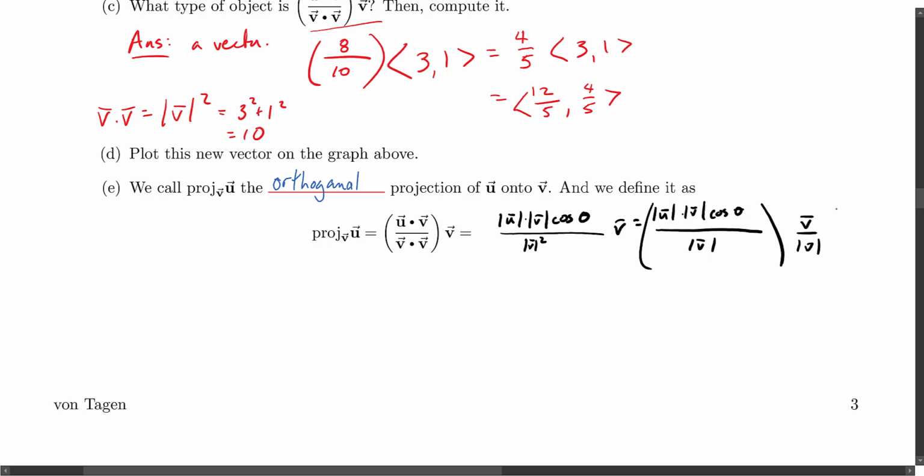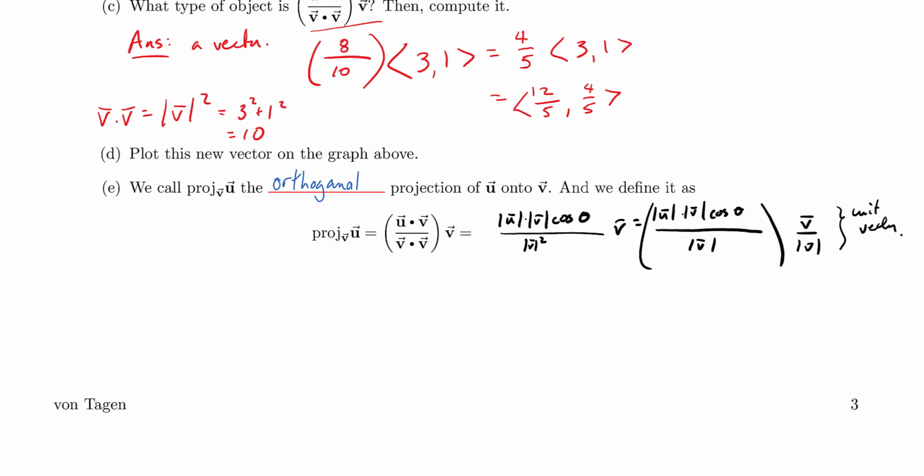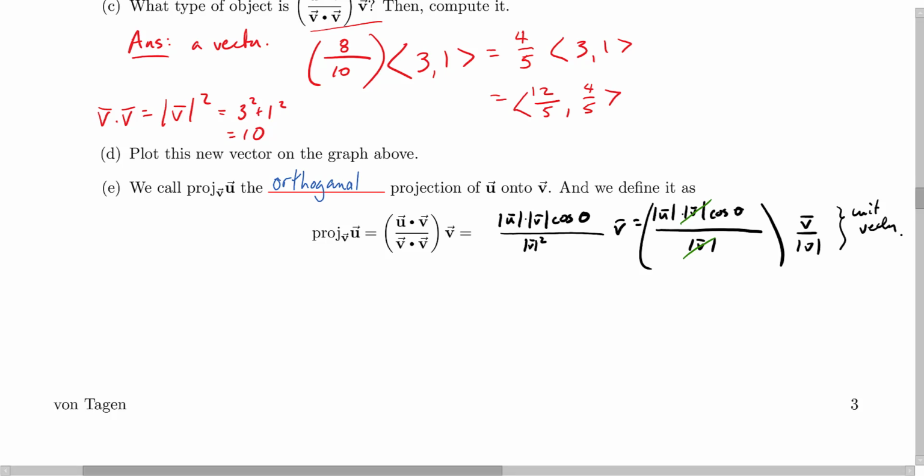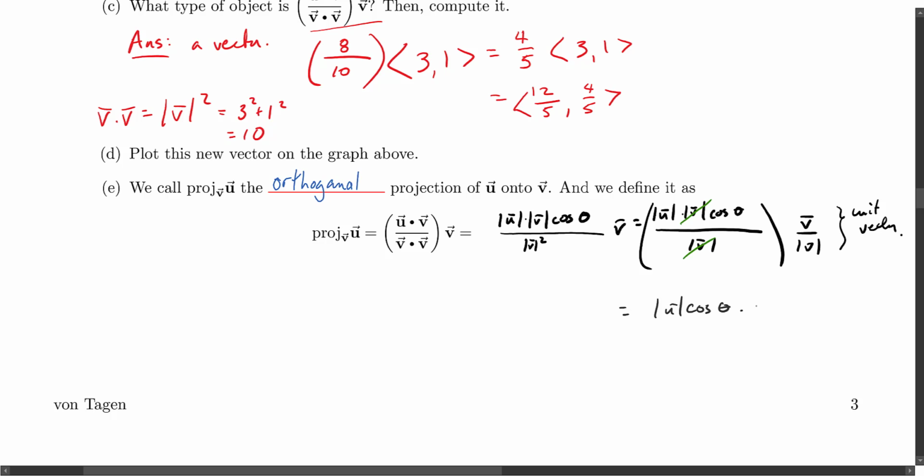Careful here, this expression is now a unit vector. And what do we see? In this scalar component, we've got a magnitude of vector v divided by a magnitude of vector v, so I can cancel those out. Then we end up with the magnitude of vector u times the cosine of theta times this unit vector, vector v divided by the magnitude of vector v.